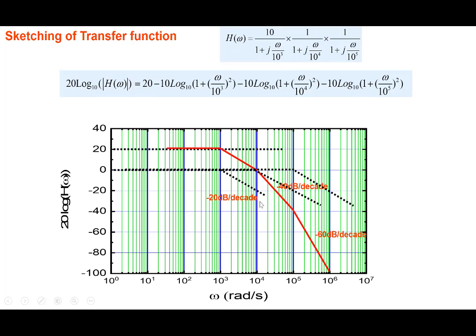Between 10 to the power 3 and 10 to the power 4, the signal is attenuated by 20 dB per decade. Between 10 to the power 4 and 10 to the power 5, it becomes 40 dB per decade. And beyond that, it's even larger, 60 dB per decade. So higher frequencies are attenuated even more compared to, let's say, somewhere over here.